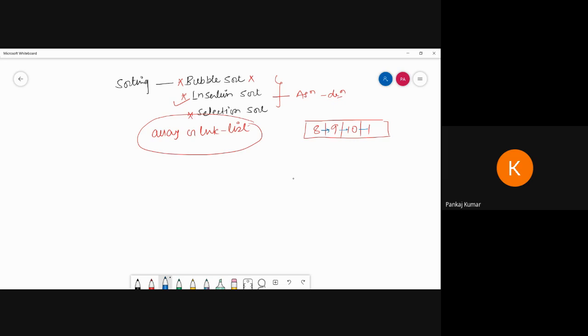In the linked list we can use the data with an address: here the data is present, and here is the address of the next node. So this way. Now I'm talking about merge sort.